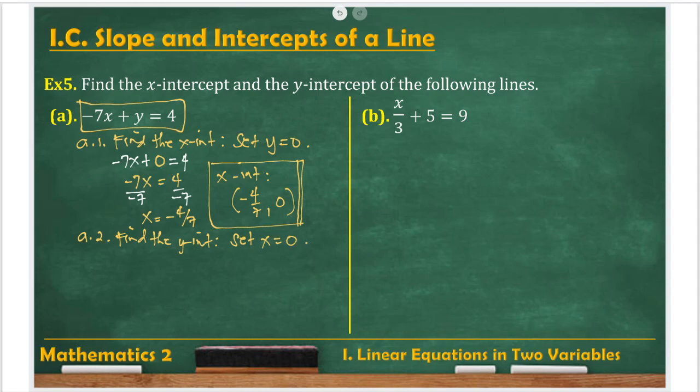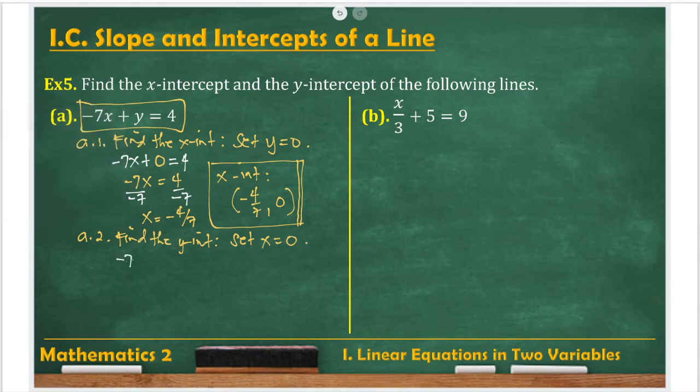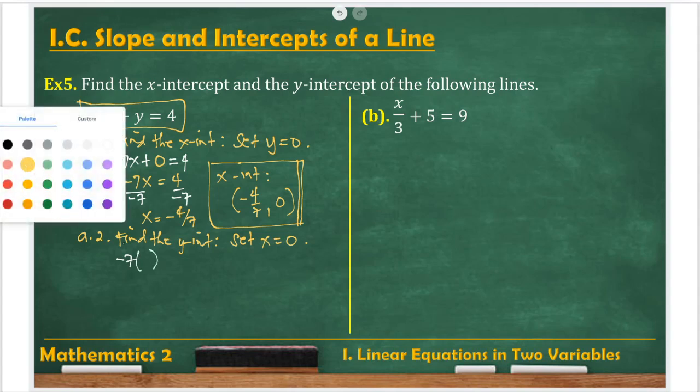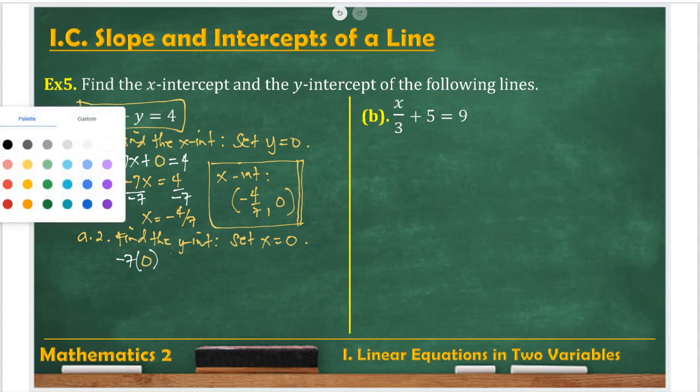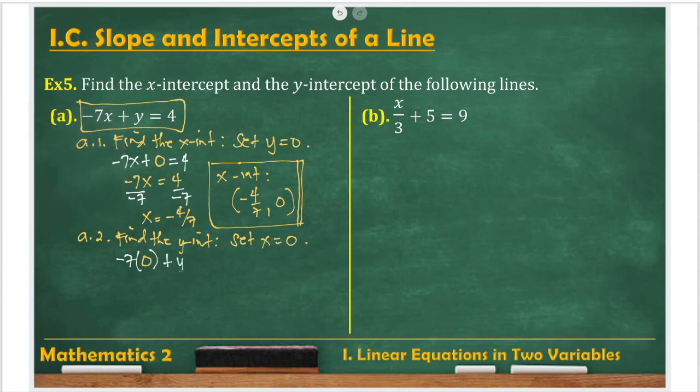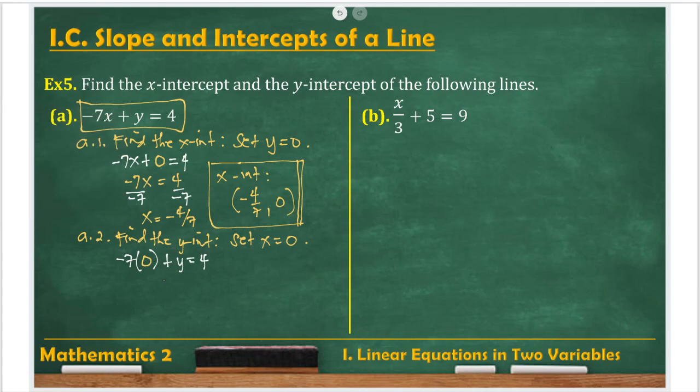So when x is 0, we will have the equation negative 7 times the quantity 0 plus y is equal to 4. So this becomes 0, and we simply have y is equal to 4.